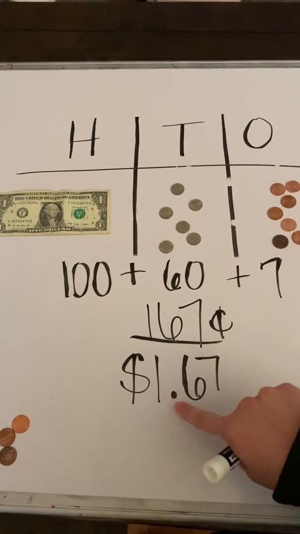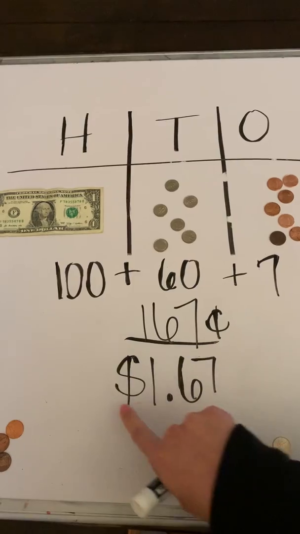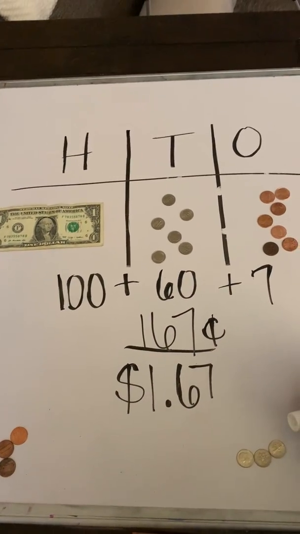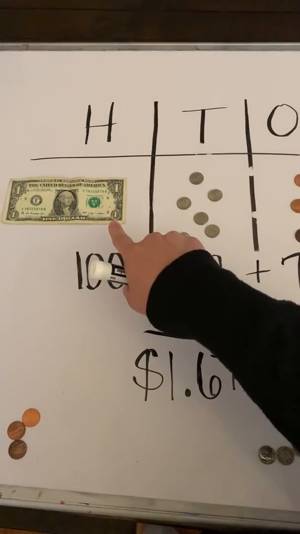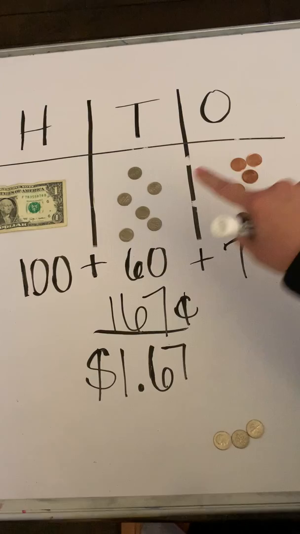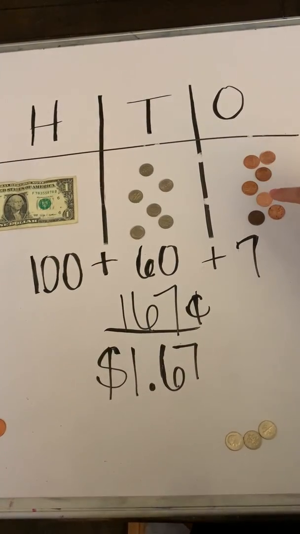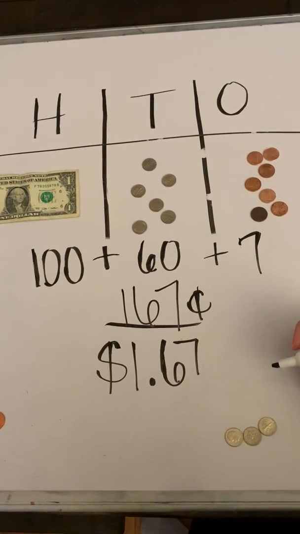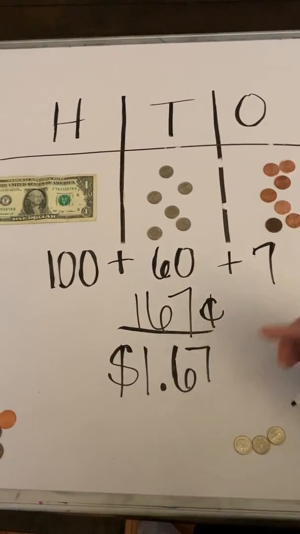So it's $1 and 67 cents, but we do not need the cent sign here. The dollar tells us that we're talking about money. Let's see if we have $1.67. $1, 10, 20, 30, 40, 50, 60, 61, 62, 63, 64, 65, 66, 67. We do. We have $1 and 67 cents.